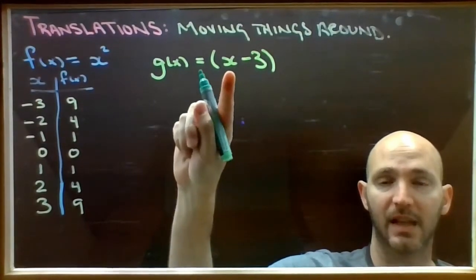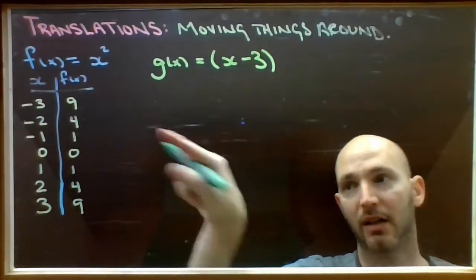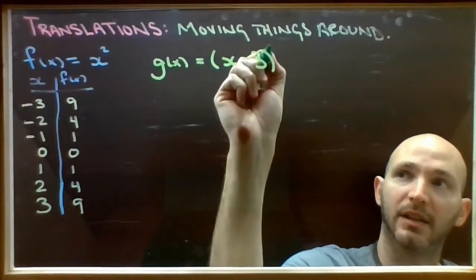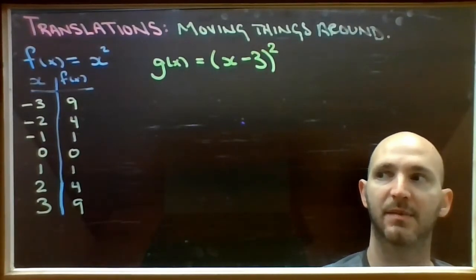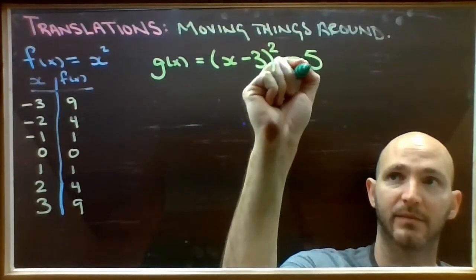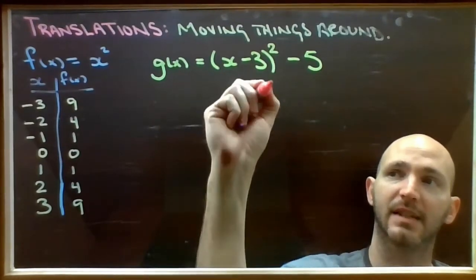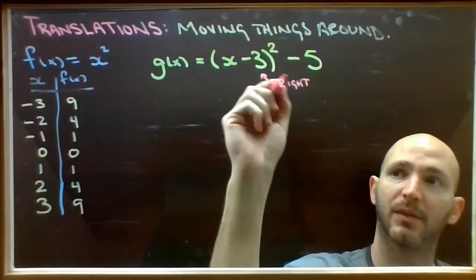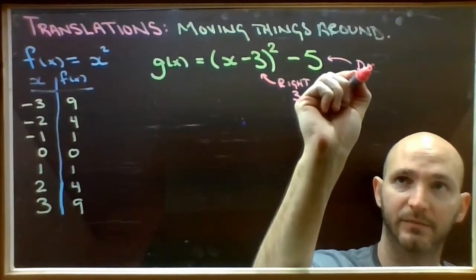So whatever this number is, once I put in my x value, I immediately look 3 squares back to see where the pattern should be. I'm going to keep it squared because that's a parabola. And I also want to take this parabola and move it down 5 squares. So that's down 5. So I'm just going to add that up there for you. This is a right 3, and this is down 5.